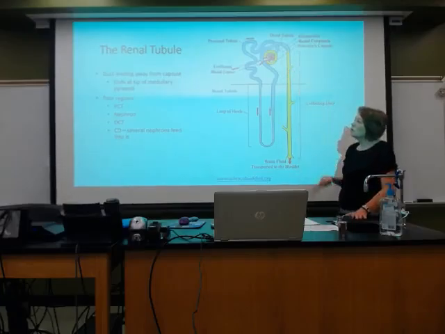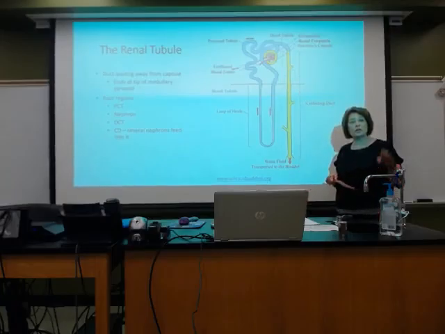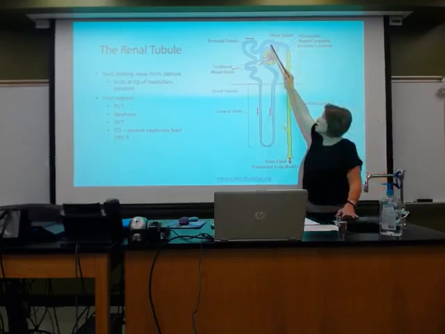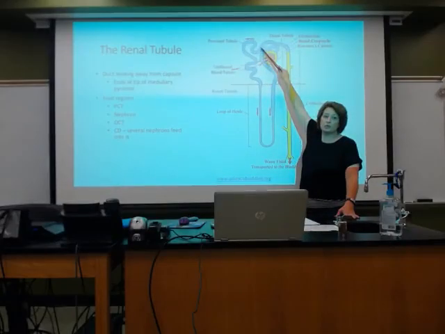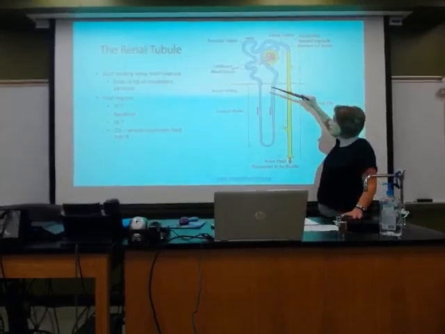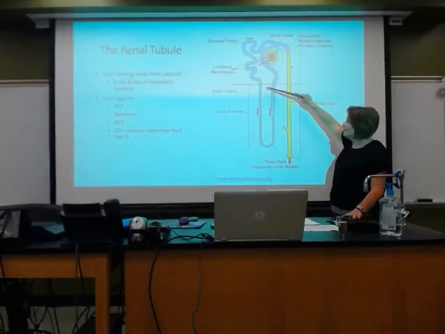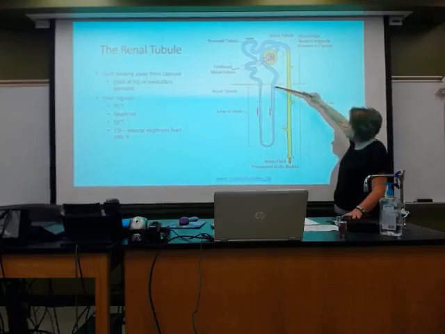We're going to travel through 4 regions of the tube. First, the proximal convoluted tubule, because that's what it looks like. Then we hit this loop: a descending limb, loop of Henle, ascending limb.